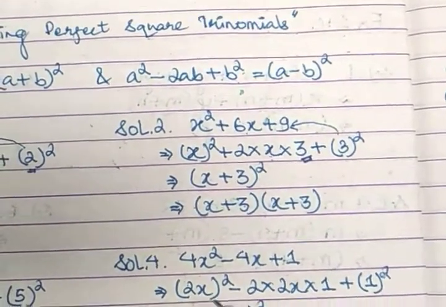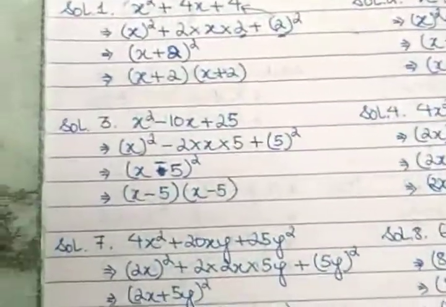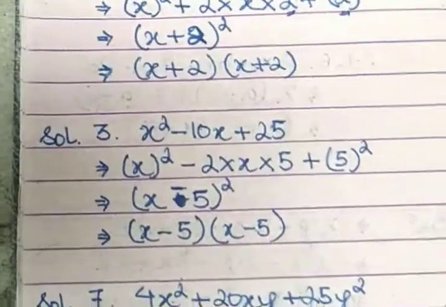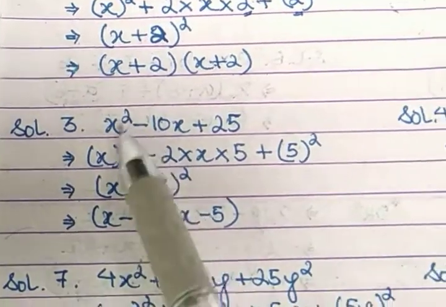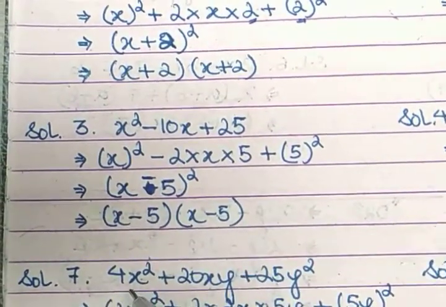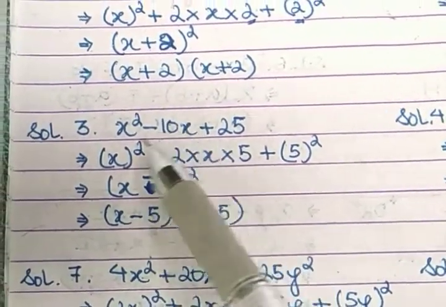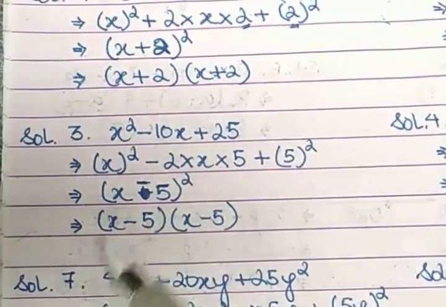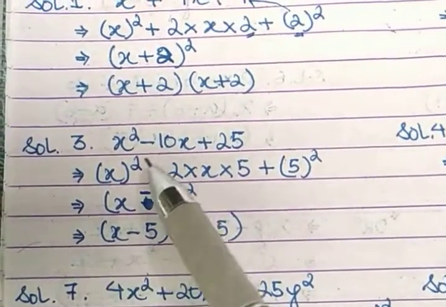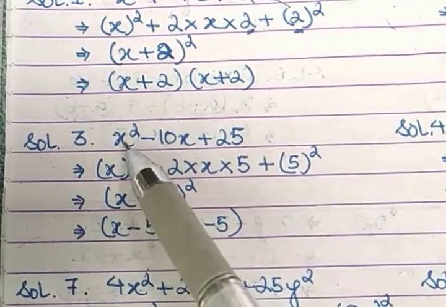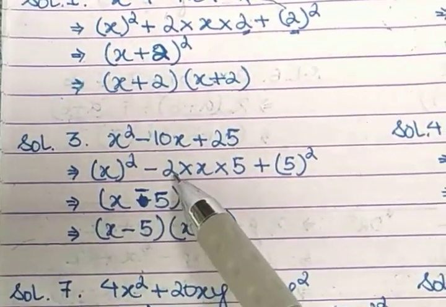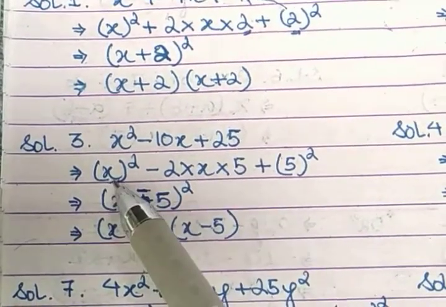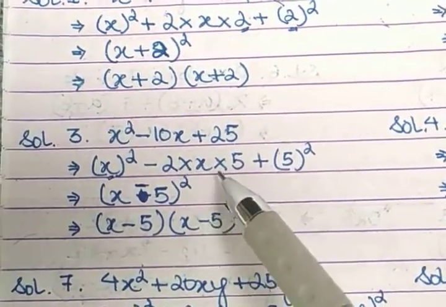Just a few more sums, it will be easier for you. For question number 3, we got a negative sign out here: x square minus 10x plus 25. For this kind of sum, the same thing will be applicable, it's just that it has a negative sign now. So x whole square minus 2a, for a I have got x, so 2 into x.